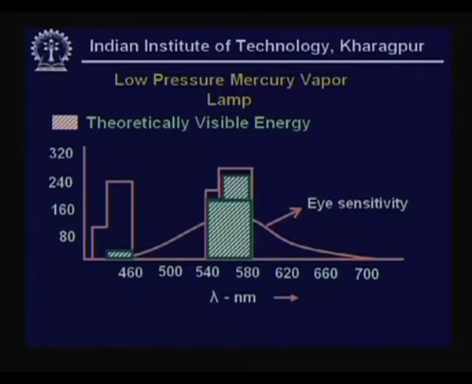We have seen that the discharge vapor lamps no doubt have good efficiency in terms of light output, but from the utilization point of view of the two commonly employed discharge vapor lamps, mercury and sodium, it is sodium which has a higher utilization factor, and therefore it is fast replacing most such applications where mercury vapor was in vogue earlier.